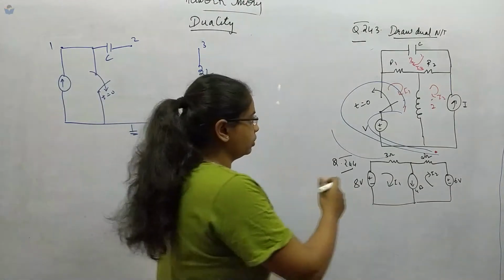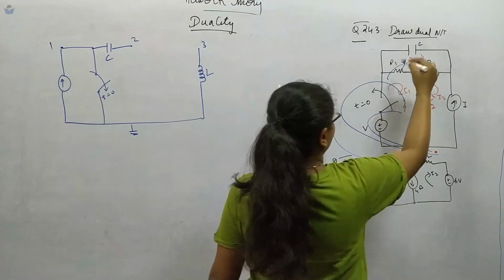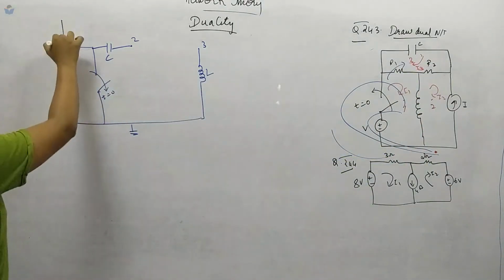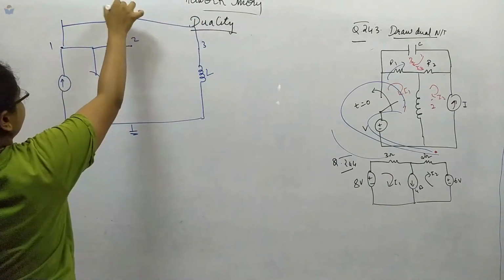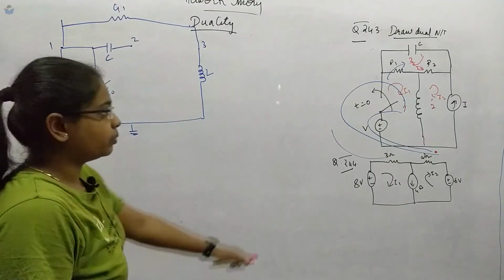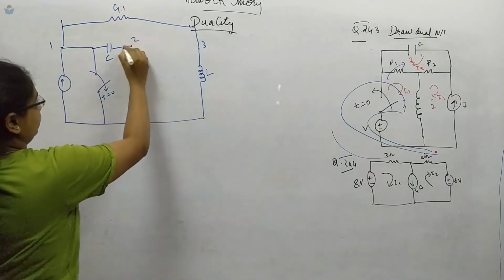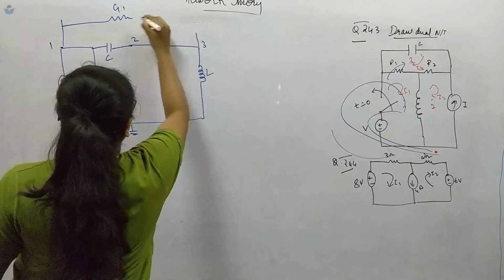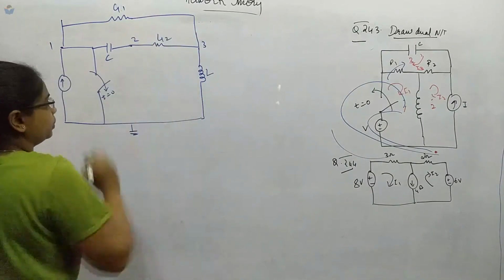R1 is from 1 to 3, and resistors are converted to conductance, so this is G1. Again from 2 to 3 we have one more R2, which will also be converted to G2.